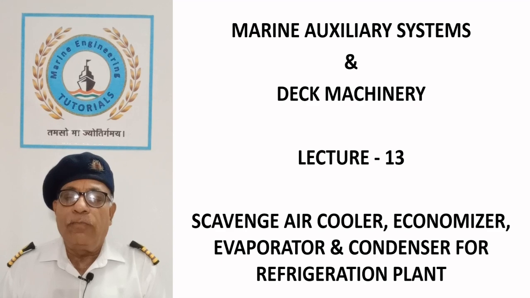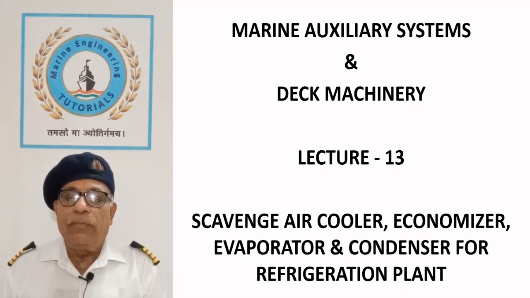Next we will learn about Scavenger Air Cooler element with solid drawn flattened tubes. Then we will learn about the construction and operation of Economizer. Next we will learn about fin and tube type evaporator.